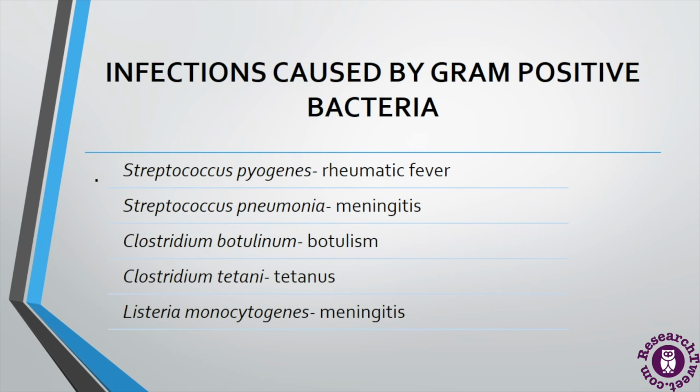The same genus, Clostridium tetani, is also harmful and causes tetanus in humans, and Listeria monocytogenes causes bacterial meningitis in humans. Besides these, there are several other diseases, like typhoid and many others, which are caused by gram-positive bacteria.